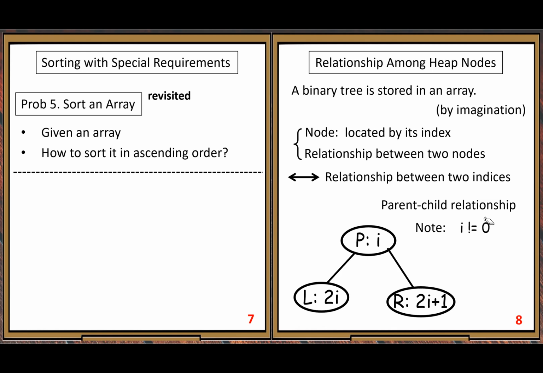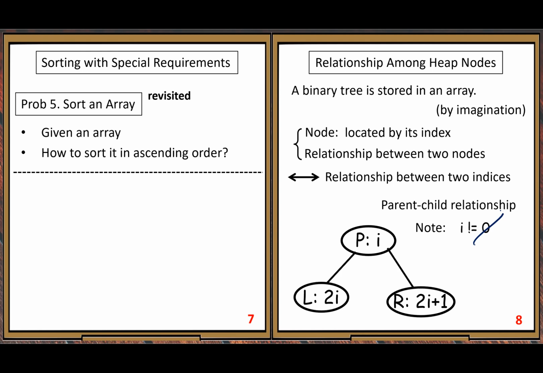Parent and child must be two different nodes, so we do not allow node 0 to be used. Only one node is not used, so that's not a big loss. We can take it.